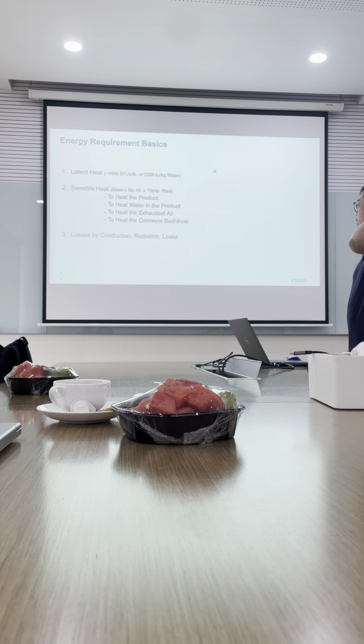During the dryer design, we need to calculate the heat power of the dryer. The heat power includes the following items. First is the latent heat that is used to evaporate the water.